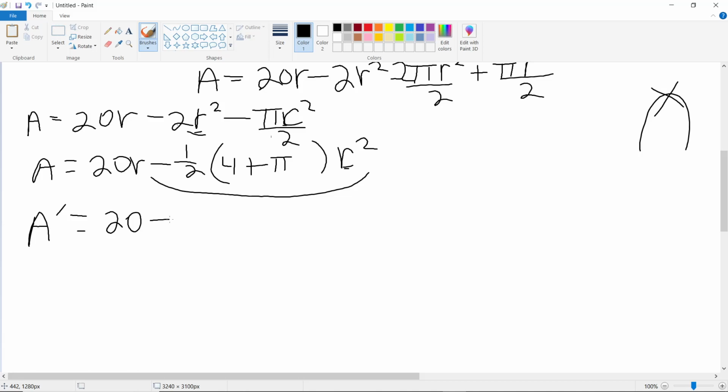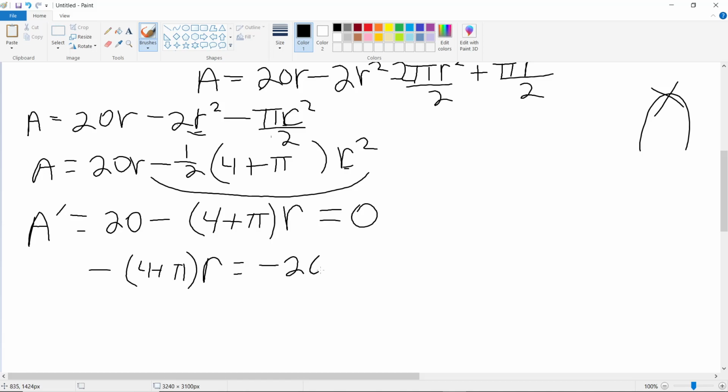The 2's cancel, so negative 4 plus pi r. I set that equal to 0 to find the vertex. And I will subtract 20 from both sides. Negative 4 plus pi r equals negative 20.